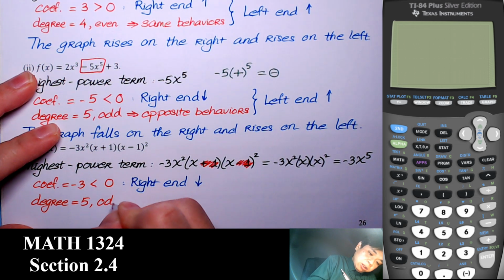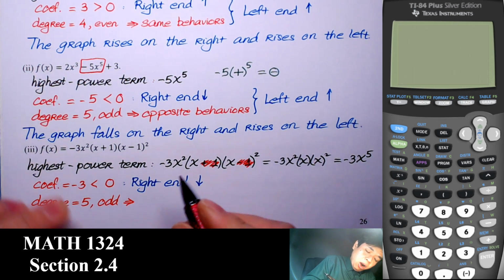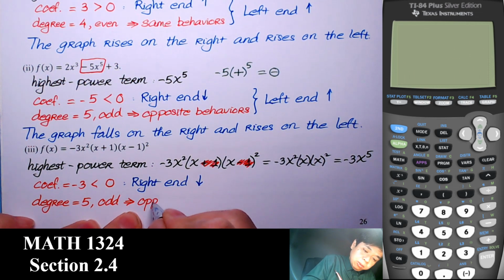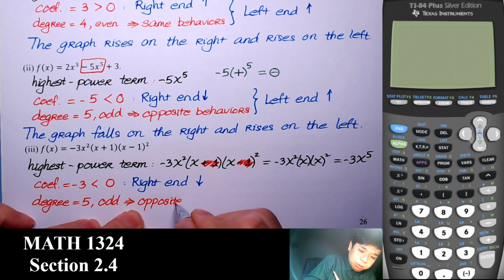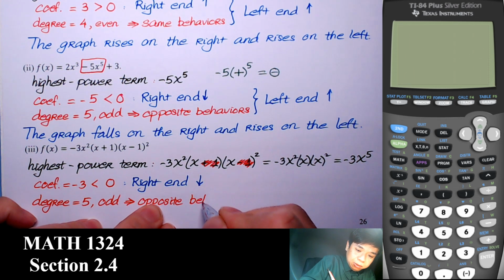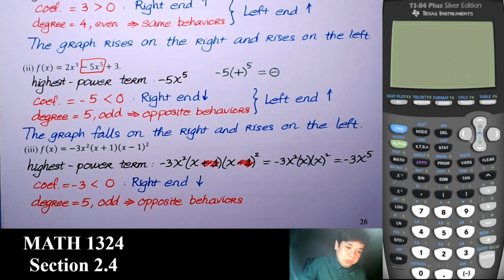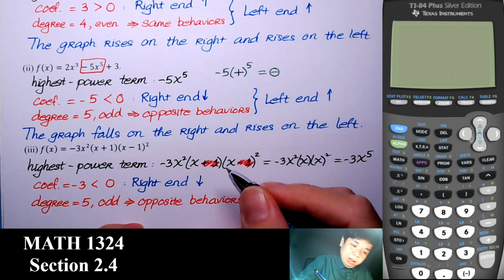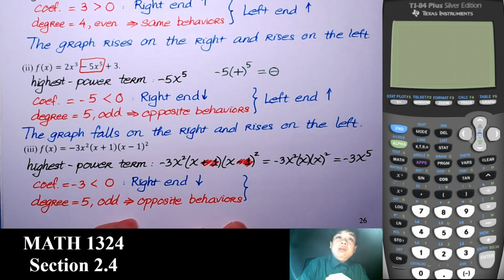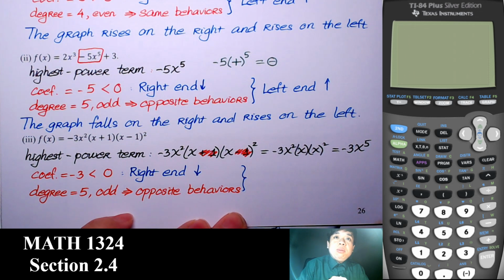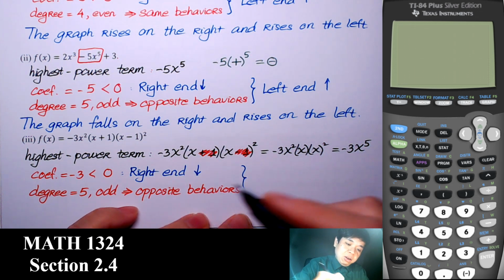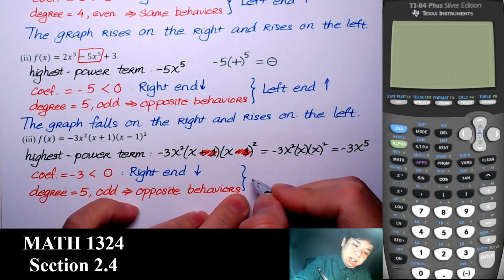Which is odd. So we have opposite behavior. So if the right end is down and the behavior is opposite, so the left end and right end are opposite, right end is down, the left end is up.